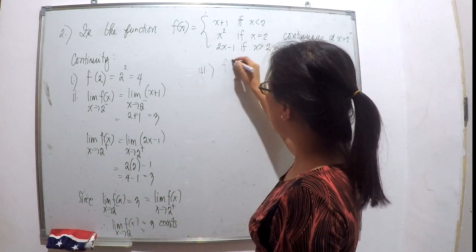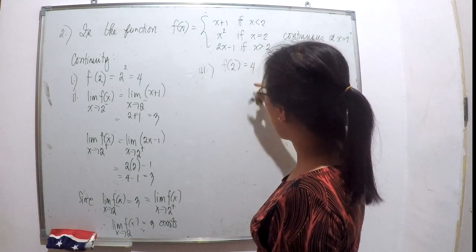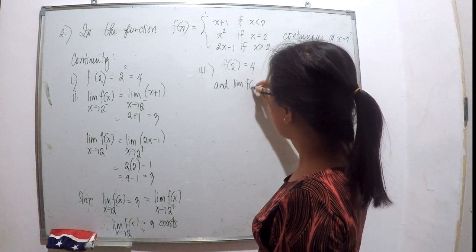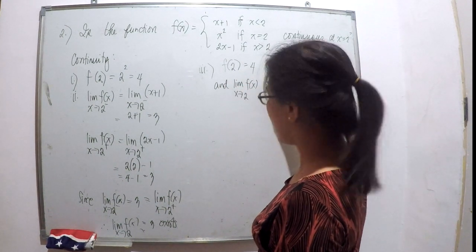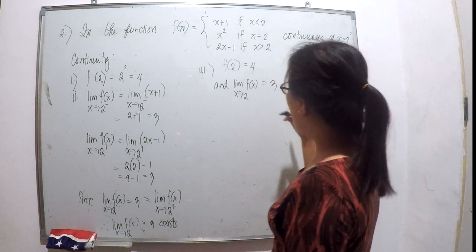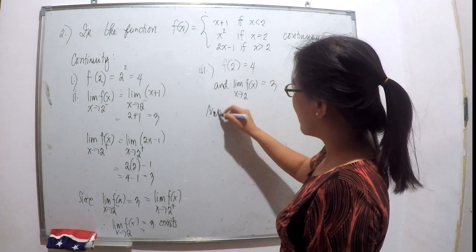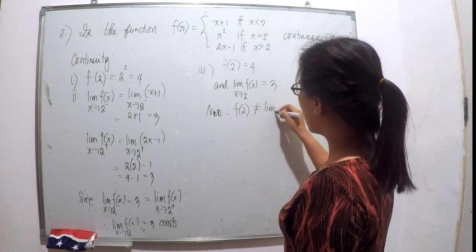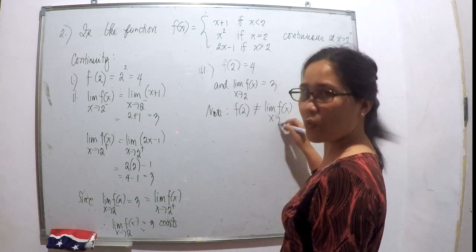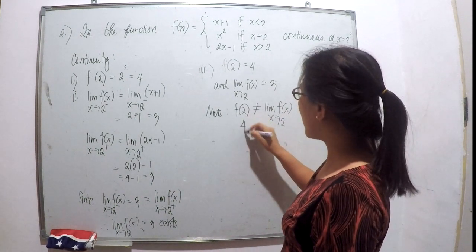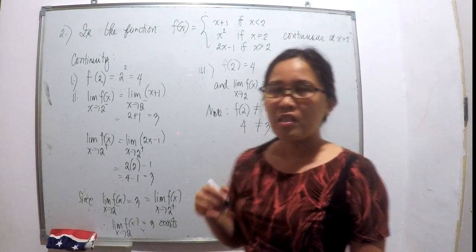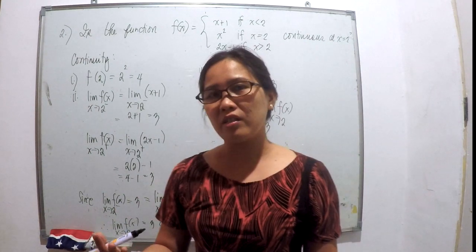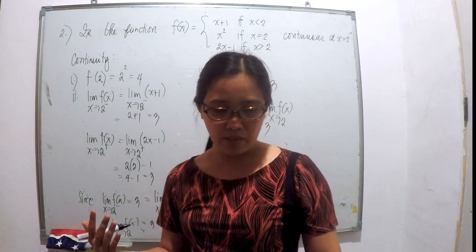Now, since f of 2 is equal to 4 and the limit of f of x as x approaches 2 is equal to 3, note that f of 2 is not equal to the limit of f of x as x approaches 2, because 4 is not equal to 3. So the third condition is not satisfied.